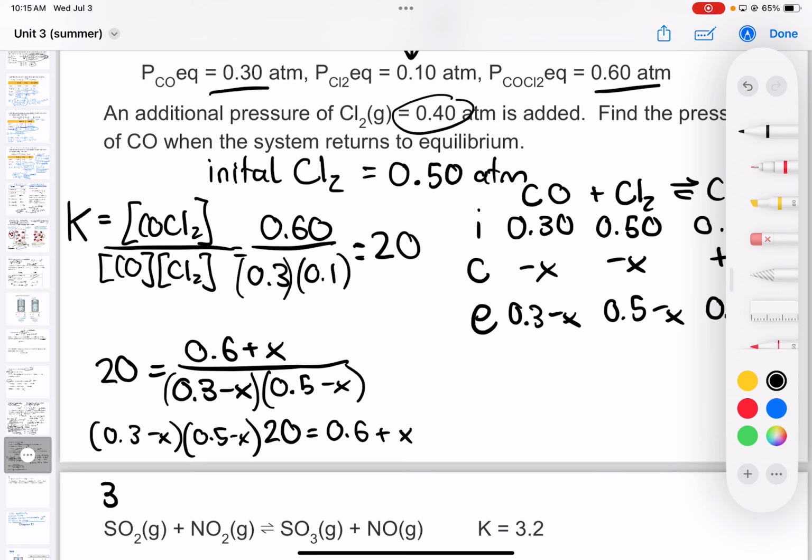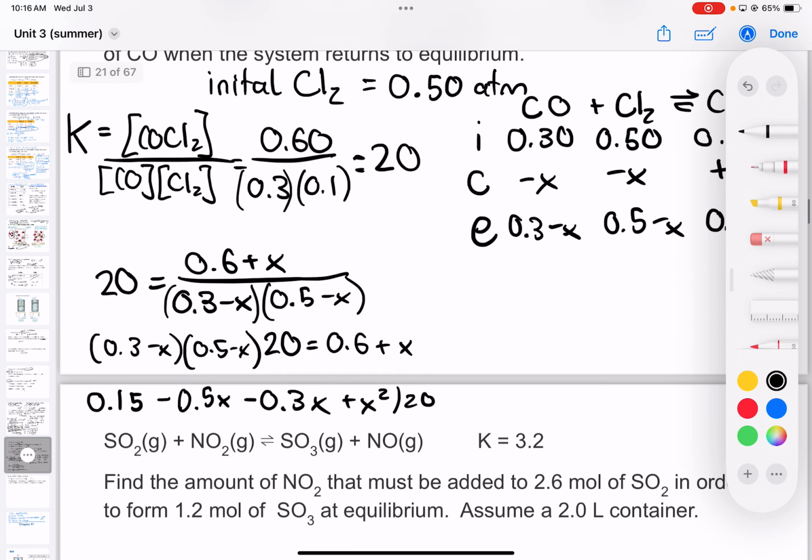More stepwise. I know, it's annoying algebra. I did that one. Morgan, are you spacing out?